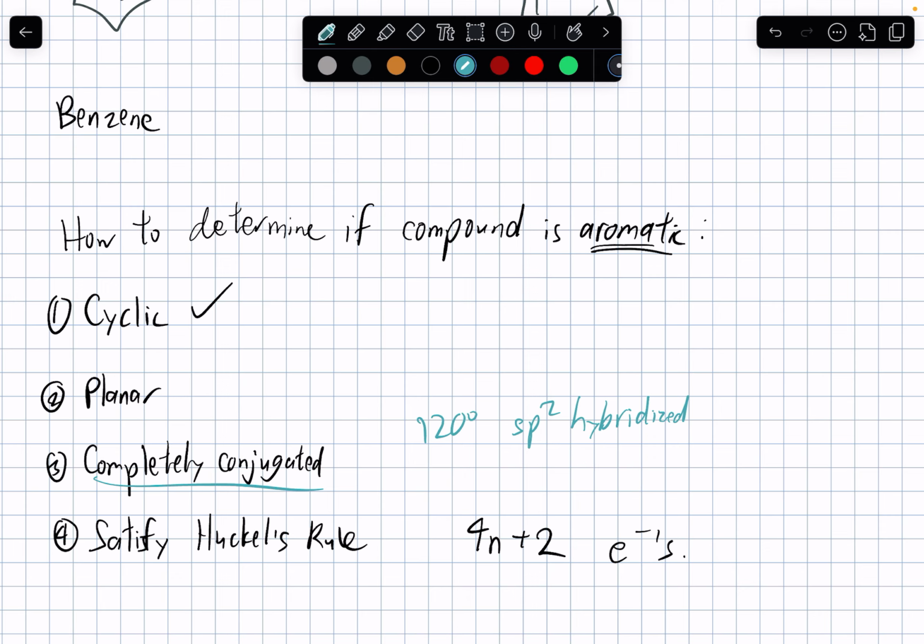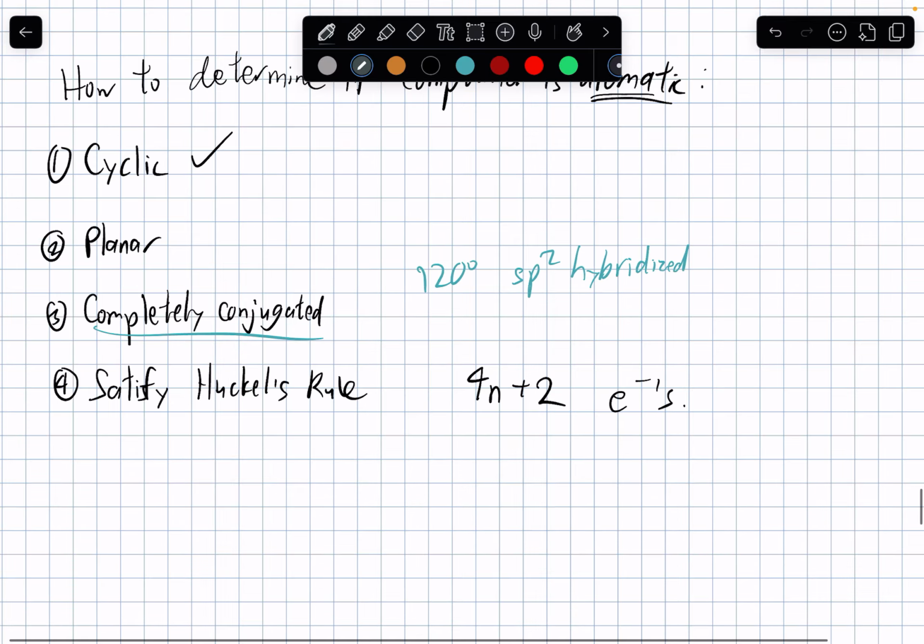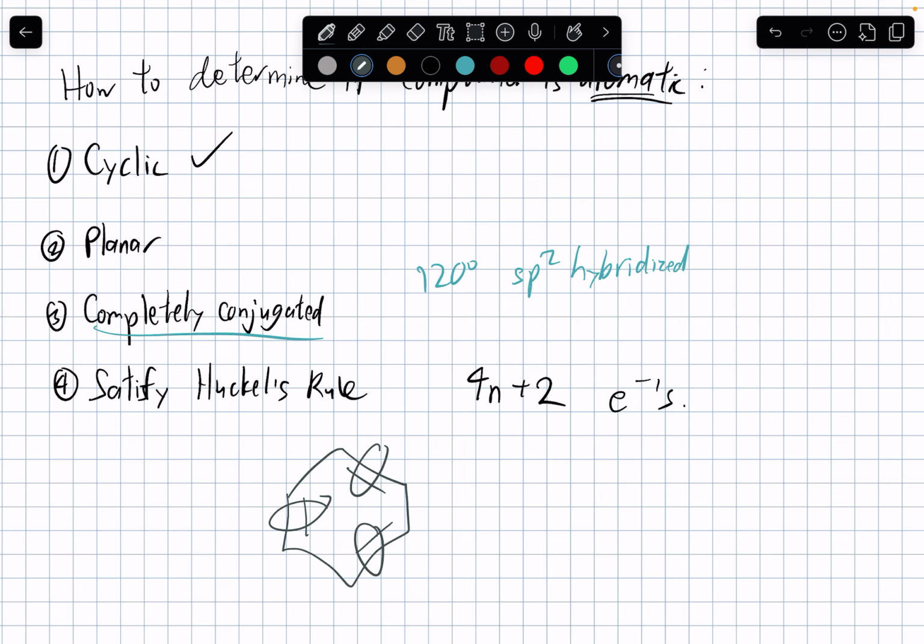Also, earlier, it's been mentioned that one of the characteristics of an aromatic compound like benzene is that the double bonds alternate. Yeah, that's very crucial. It's related to being sp2 hybridized. So let's say one of the double bonds is missing. This is already not completely conjugated.